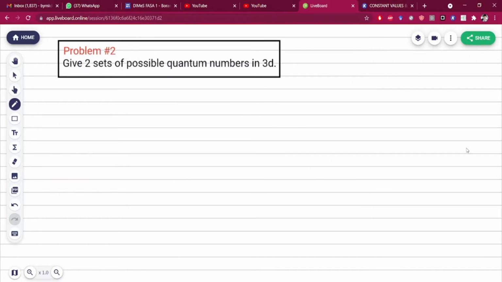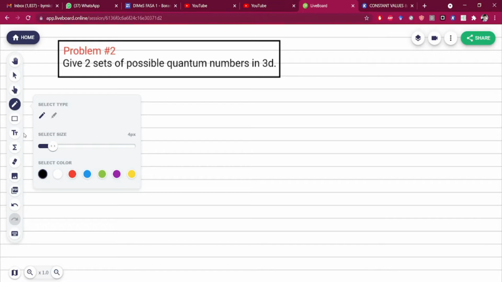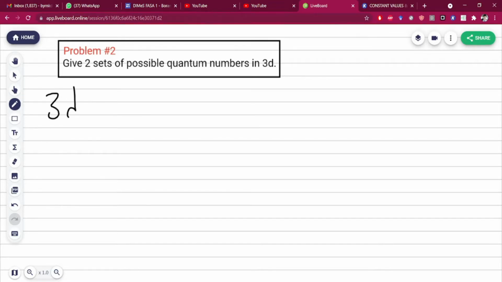Now the question wants you to give two sets of possible quantum numbers. We're going to start with the same strategy. We're going to write 3D.